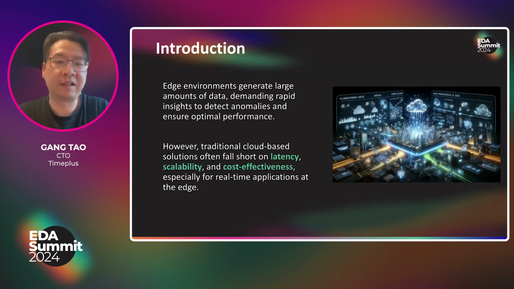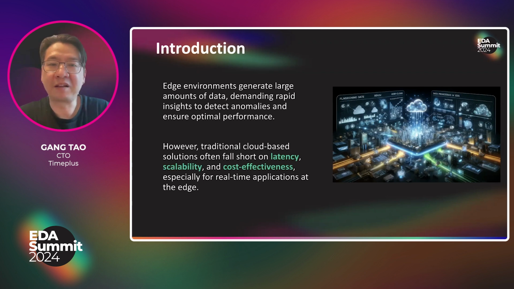But the challenge is that traditional cloud-based solutions often have limitations, like latency, because for the edge network or IoT network, the network is not so good, so it's usually hard to have good latency when you're connecting to cloud services. And it's hard to scale locally when you have large volume, fast-changing streaming data, right? And last, it's also not very cost effective.